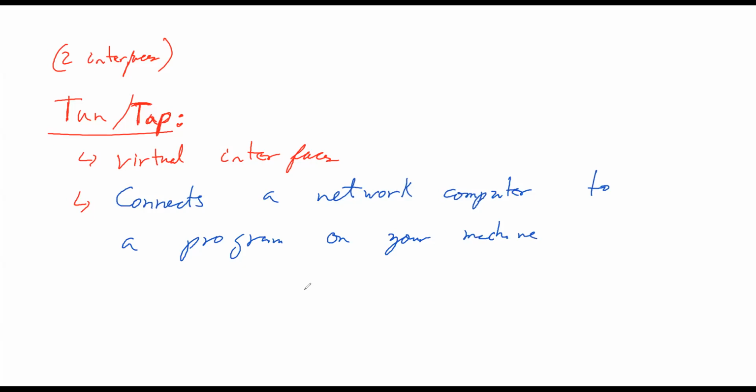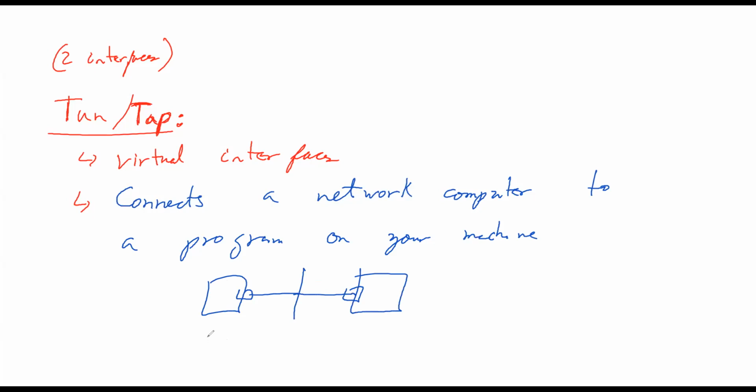So think about this. Usually when you have a network interface, it's almost like it connects two computers together. You have a computer with a network interface and another computer with a network interface, and that's what happens, right?